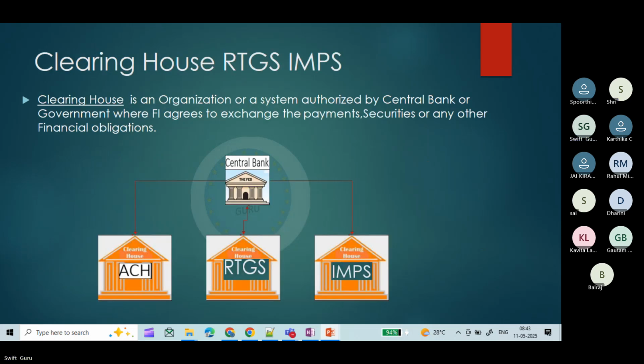Sorry, I have one question. These clearing houses, for example ACH, RTGS, IMPS, who is managing them? Within the central bank itself, they will have these entities who will be handling it. RTGS, real-time gross settlement, is an entity which handles the high-value payment system in India.